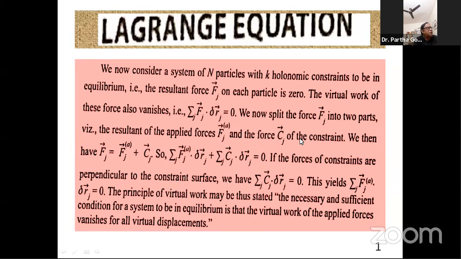Suppose we have a network and there are several batteries in the network, EMFs are given. So the algebraic sum of EMFs equals the algebraic sum of potential drops, IR, I current, R the resistance. This is what Kirchhoff's law is.